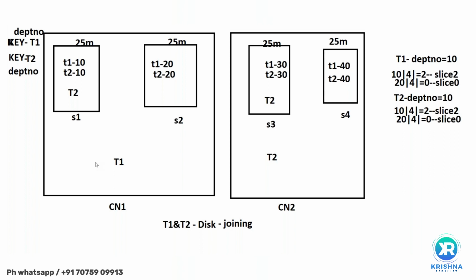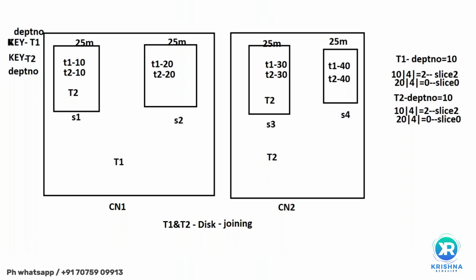You understand? This is for distribution all. How things will happen in case one of the tables is distribution all. This third case is the department table. The department table is distribution all because it is a small table, right?